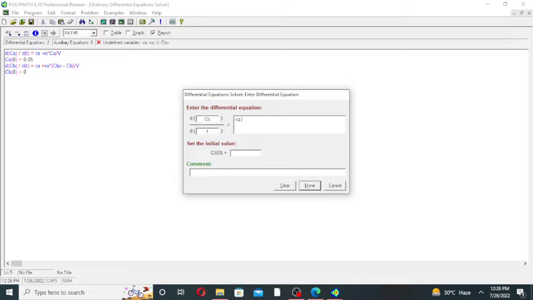So minus RA minus V naught into CC divided by volume of reactor at any time. Initially there was no component C in the reactor, so it was 0. Click on done.